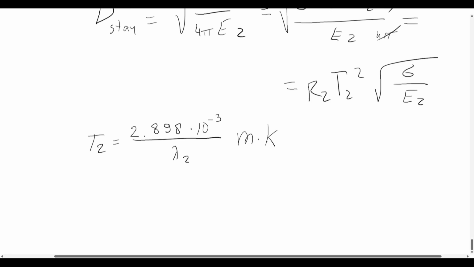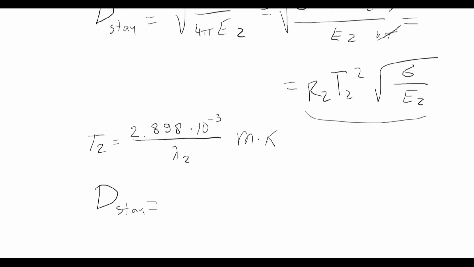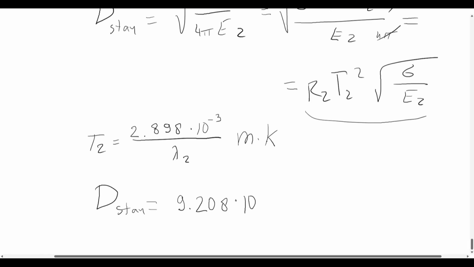And okay, we have everything we need. Then D star, after we put all the numbers into this, we get that D of the star is 9.208 times 10 to the power of 18 meters, which is about 298 parsecs.